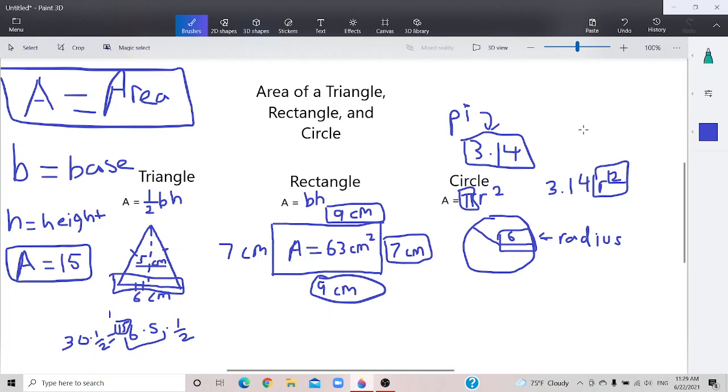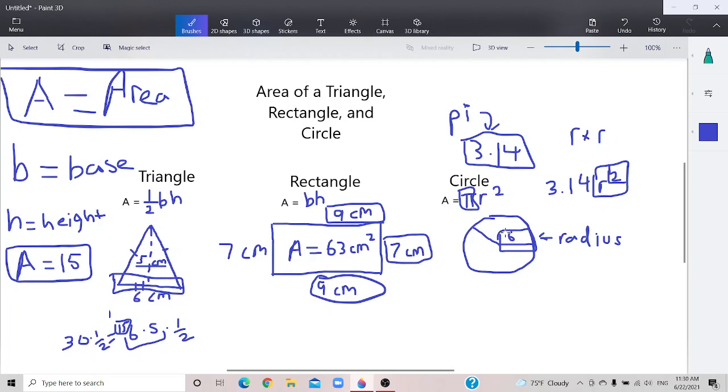Having an exponent means multiplying the number by itself a certain number of times. So the exponent really just determines how many times. Here the exponent is 2, so r squared is equal to r times r. Okay, so now we can use that to find the area of a circle.